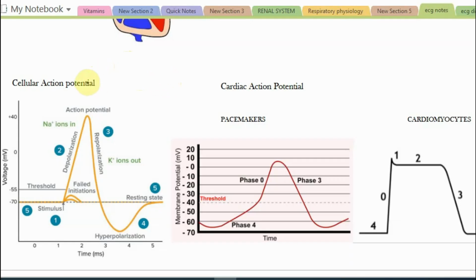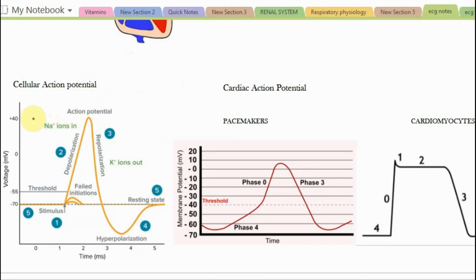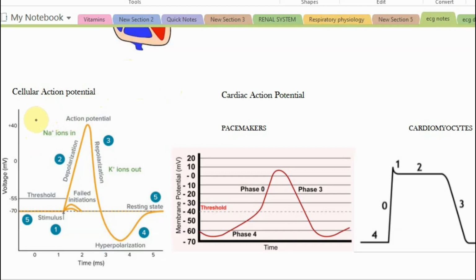So at the end of this session, I would conclude by talking on the last topic of physiological action potential. Now, before going specifically to the pacemaker and cardiomyocyte action potential, let's revise a bit of cellular action potential. What does this topic cover?